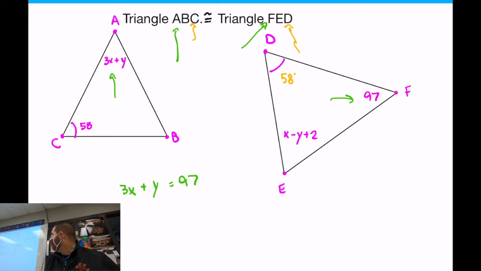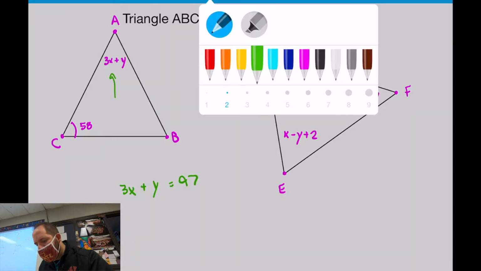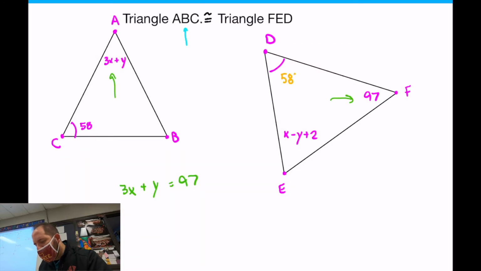Now, the other angle is B and E. Let me get rid of some of these markers here. So B and E. Let me put it in a different color here. This is angle B, this is angle E. They're the middle letters.